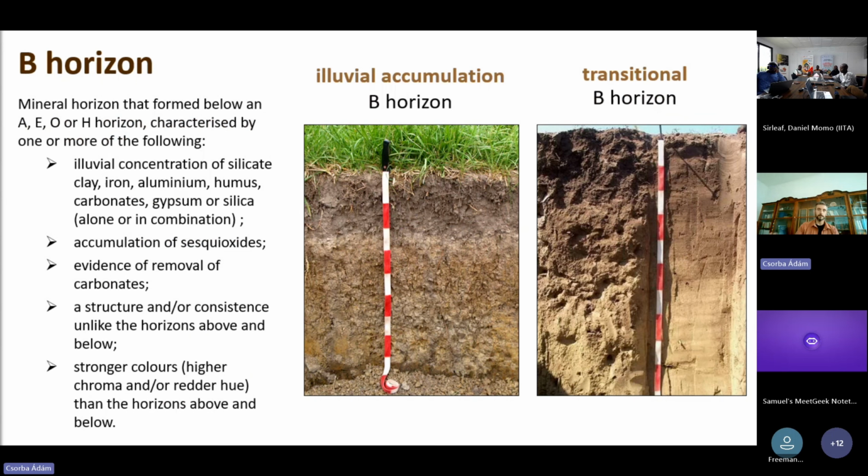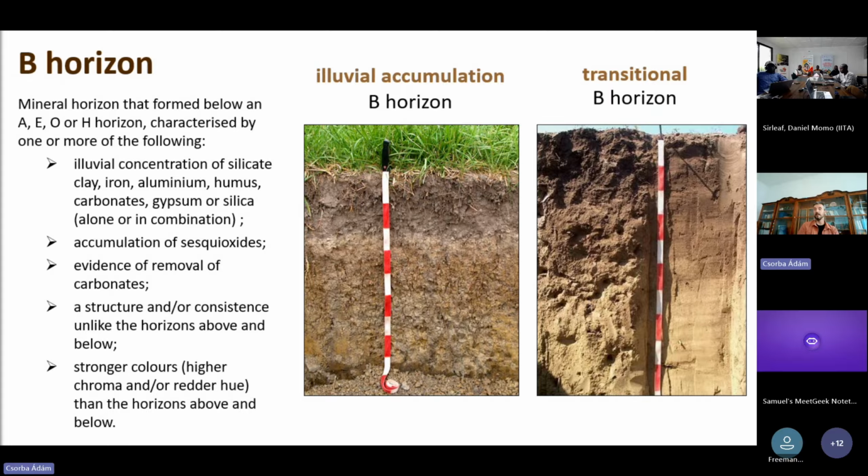B horizons. We have two types of B horizons in the soil. B horizons are subsoil horizons. The B horizons form below E, O, or H horizons, and they are characterized by the evidence that pedogenic processes have acted stronger in the subsoil.